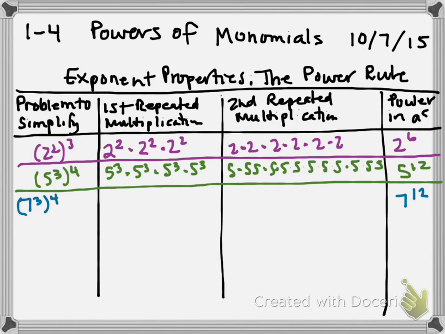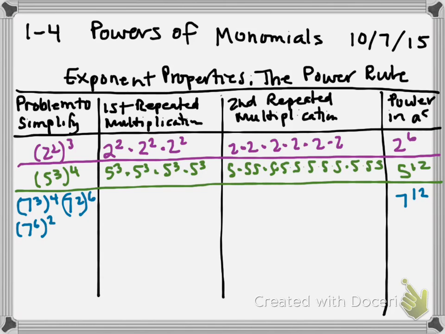Okay. Could somebody give me a different way? Julie? So 7 squared to the 6th power. That would work too. Yeah, we can switch it around too, couldn't we? We could have done 7 to the 6th power squared.